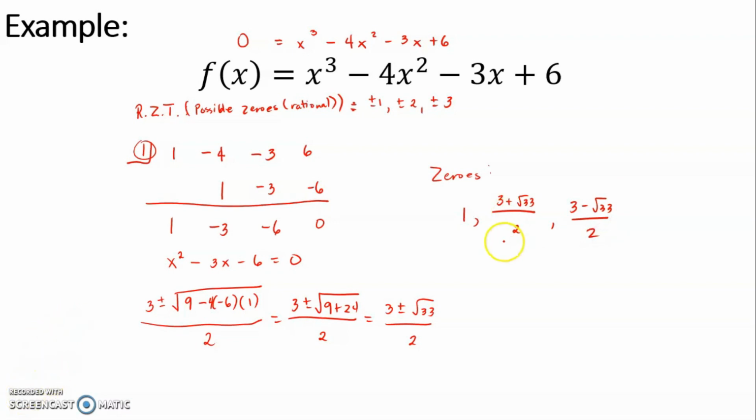Okay, so let's take a look at the zeros of our function. 1 is a positive real root, as well as 3 plus square root of 33 over 2. It's obviously a positive real root. So you have 2 positive real roots. The second one, 3 minus square root of 33 over 2, is a negative real root.